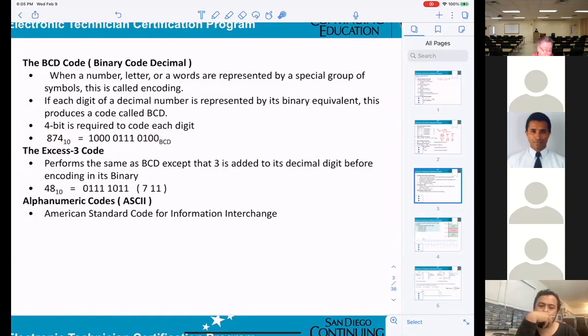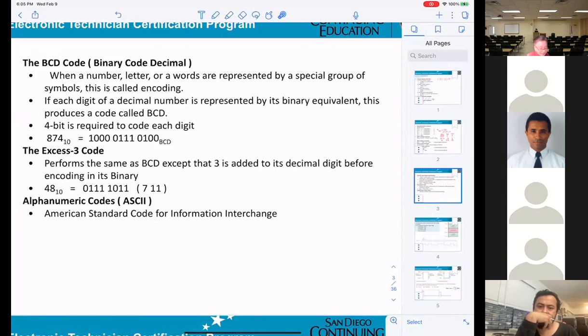Make sure when they say BCD code, you understand binary coded decimal. If you get a decimal, you're able to convert to BCD, converting each number by 4 digits.